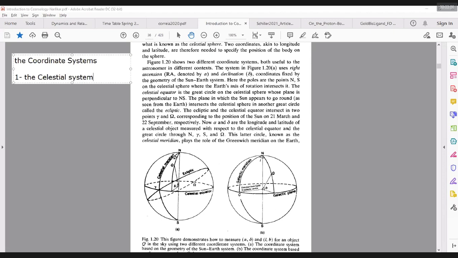Celestial system is based on the reference of Earth and Sun. Let's see how it works.